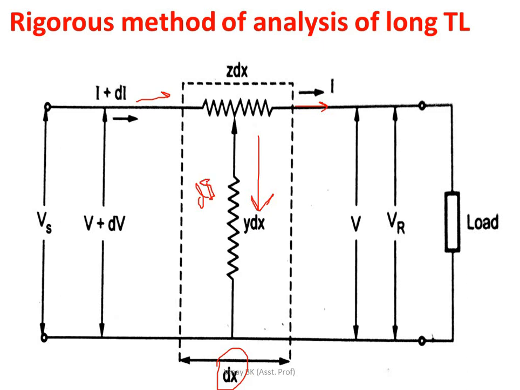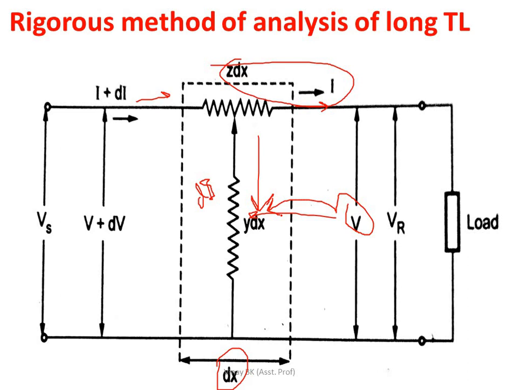This dI is given by V into y dx, whereas dV is given by I into the series impedance, I into z dx. So the change in current dI is given by V into y dx.